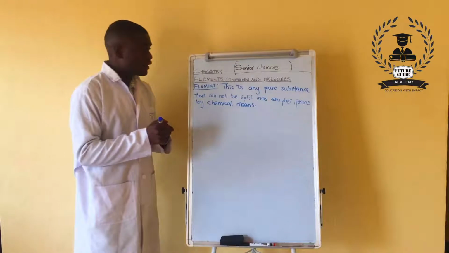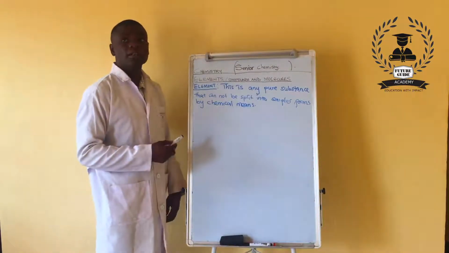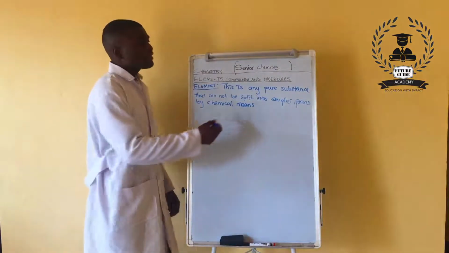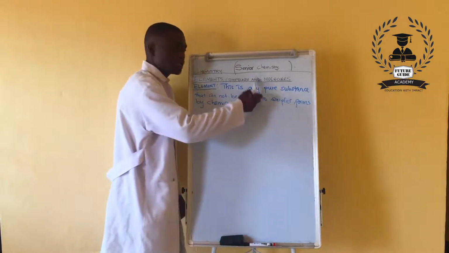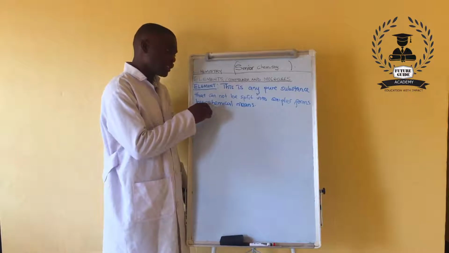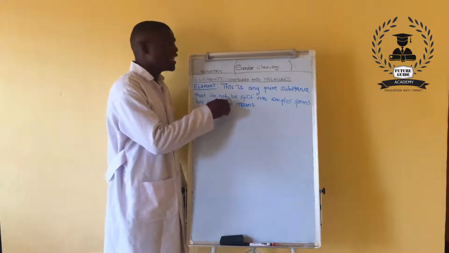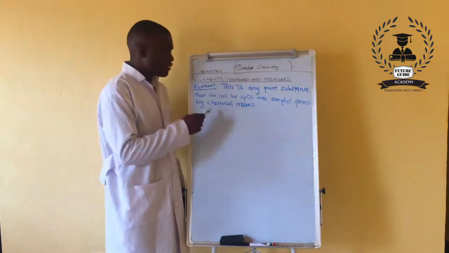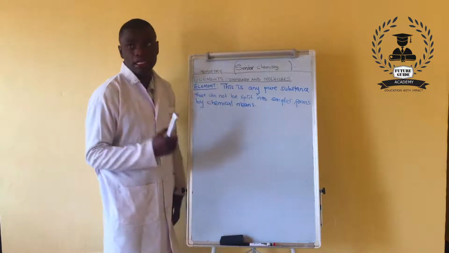Meaning, as we have defined an element, when we are talking about an element, this is any substance that is what? Pure. But a key part on how we can identify this is that this substance that we are talking about cannot be divided by any chemical means.